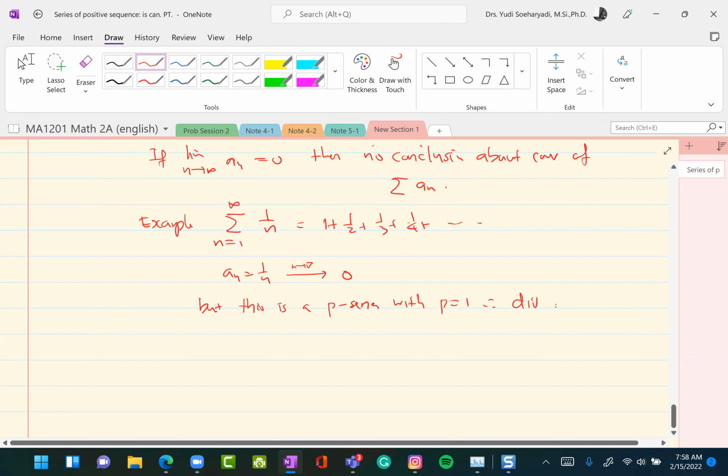So this is the example where the terms of the series get smaller and smaller, going to 0, but the series is divergent.